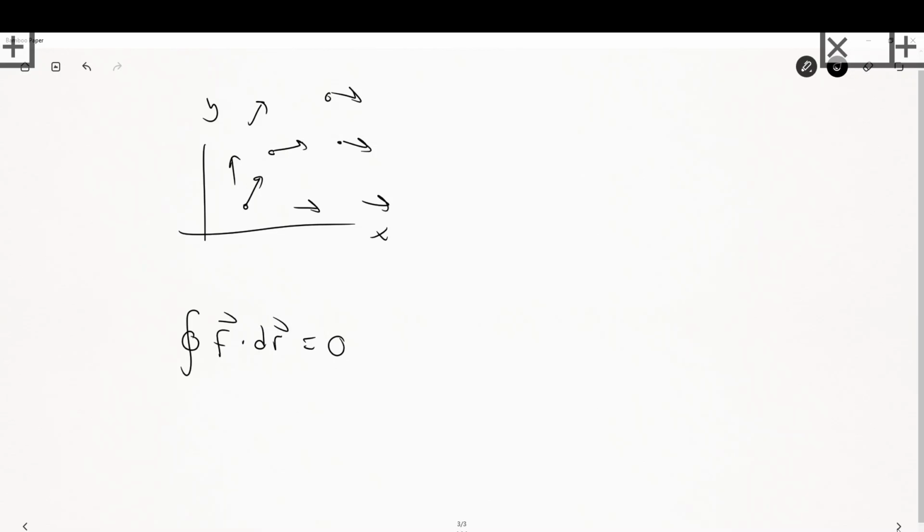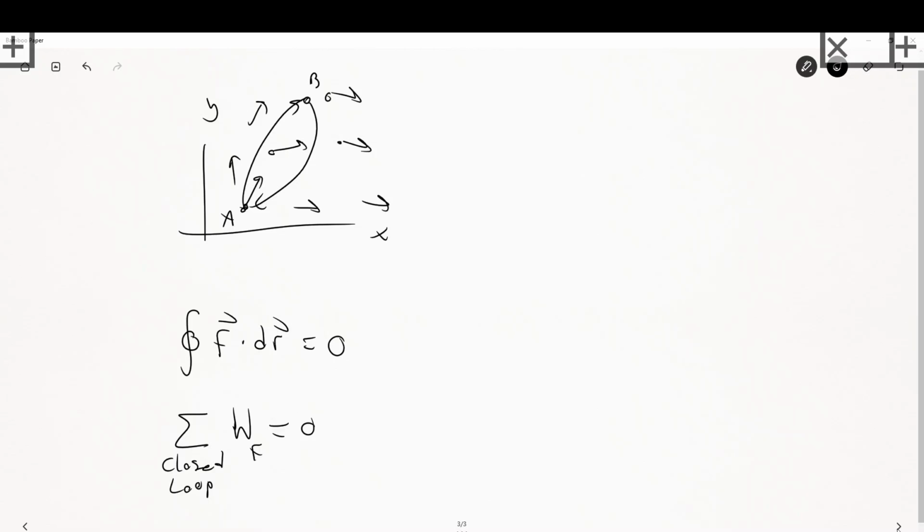So if the work done in moving an object from point A to point B and then back to point A is always 0, then the force is conservative. So another way of writing this is I would say for any closed loop, the total work done by that force is 0.